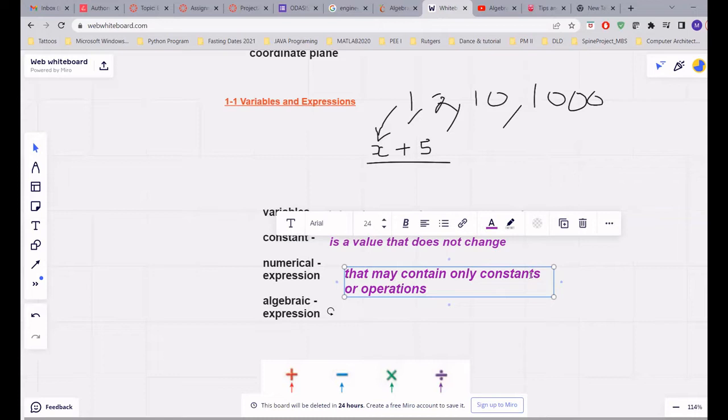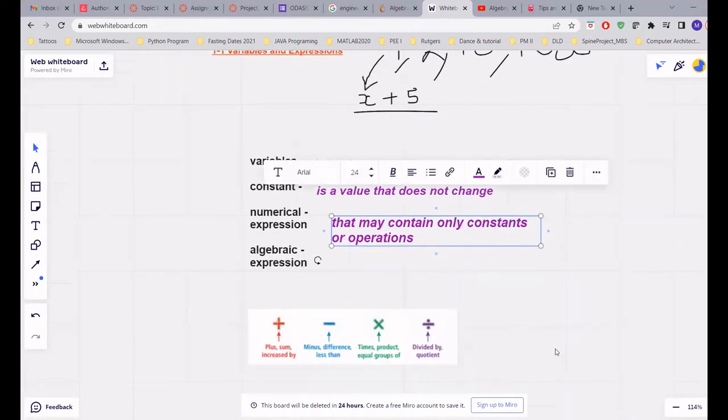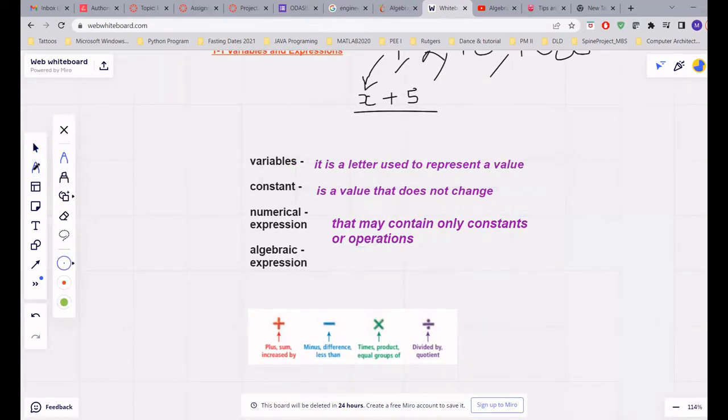Operations are arithmetic operations, as you have seen here. Add, subtract, times or multiply, and divide by. So numerical expressions can only contain constants or operations. It will not have any variables.